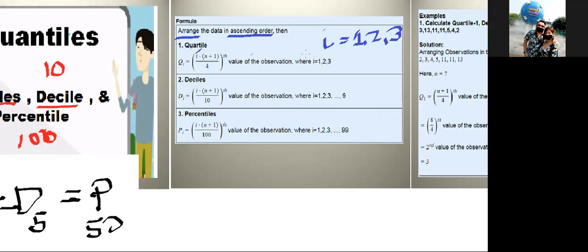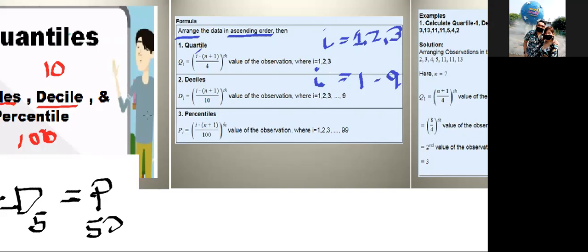Depending on the problem, you need to identify which quartile. For example, for the third quartile, i will be equal to 3. For decile, of course, we know that it is 10, so i should be 1 to 9, first decile to ninth decile.